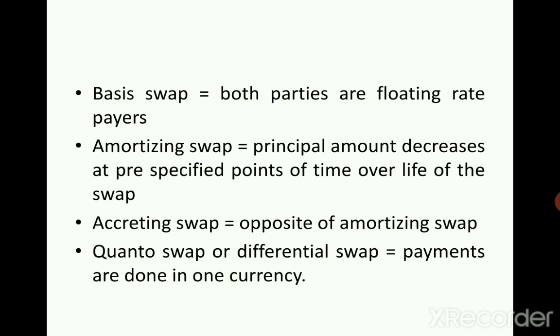If it is made in one currency, where both parties are making payments, we call it a quanto swap or differential swap. Hope you have understood what the different types of swaps are.